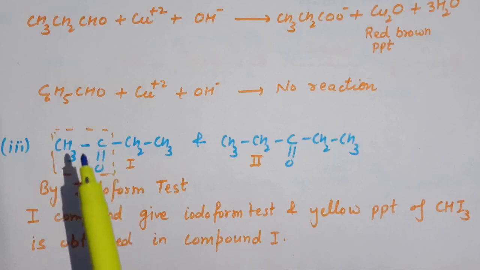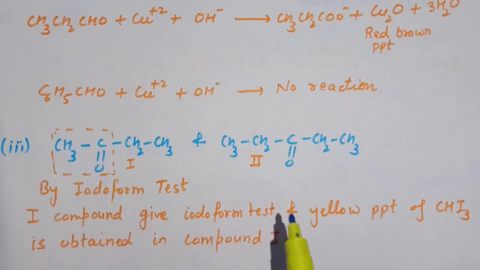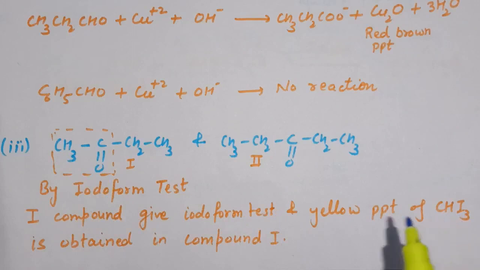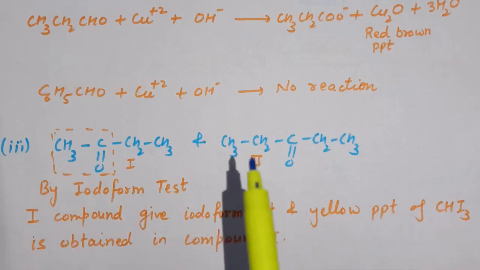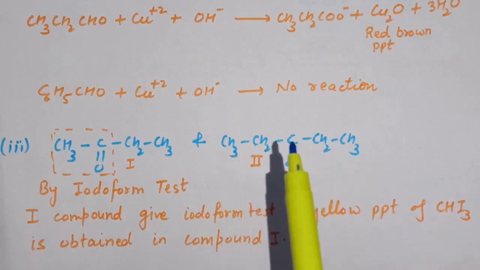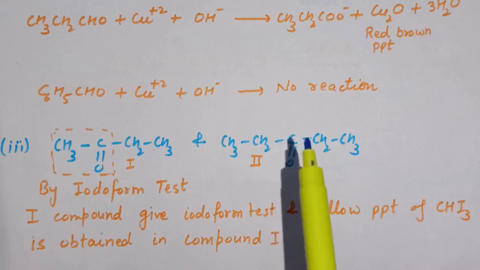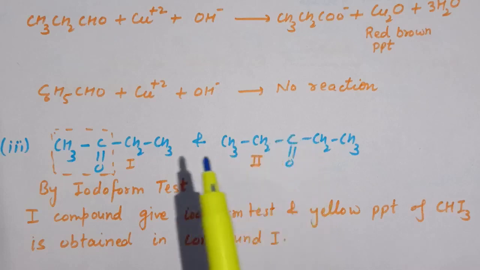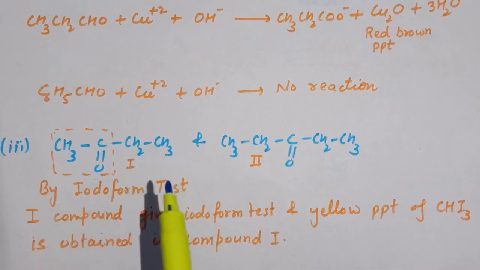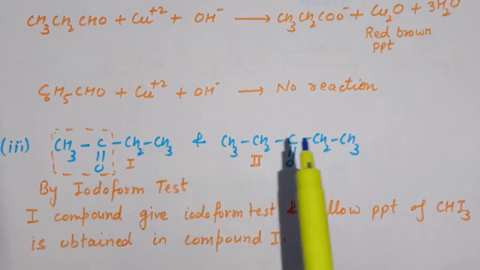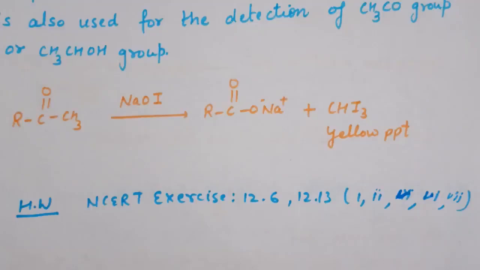Therefore the first compound gives the iodoform test, whereas in the case of the second, no precipitate of iodoform is obtained on treating with sodium hypoiodide. So by the iodoform test we can distinguish between these two compounds.